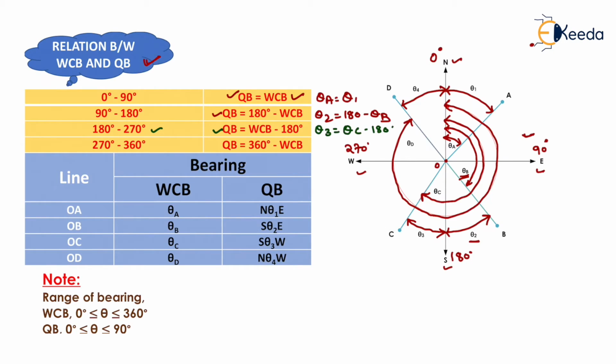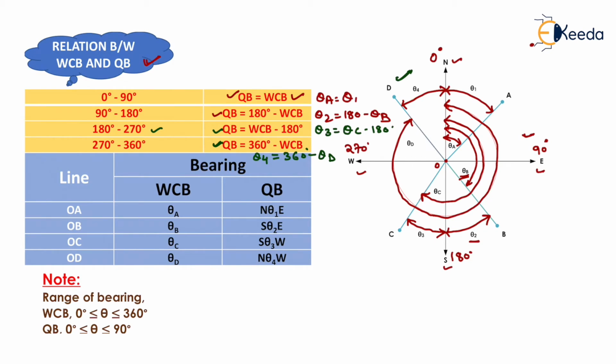And if the line lies in the fourth quadrant, that is 270 degree to 360 degree, then quadrantal bearing will be equal to 360 degree minus whole circle bearing. It will be equal to 360 degree minus theta D, that will be theta 4.